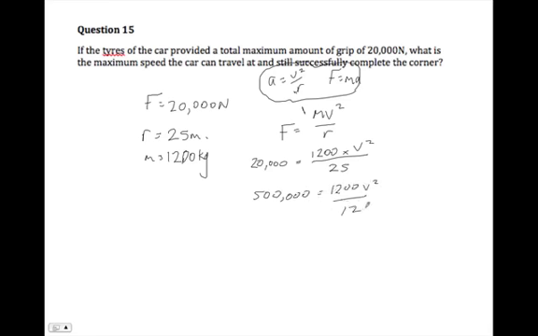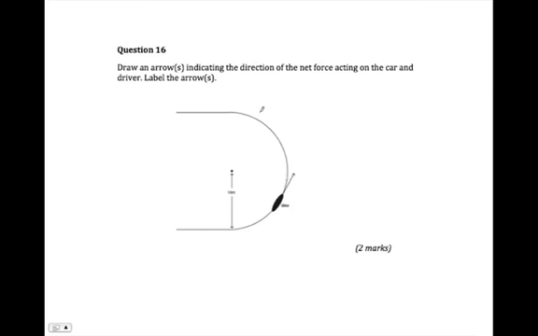Divide both sides by 1,200, and then square root both sides, and we have v equals 20.4 metres per second.